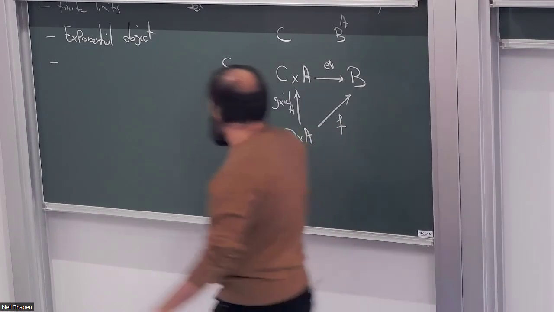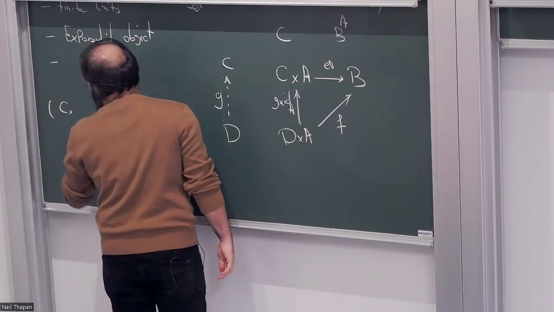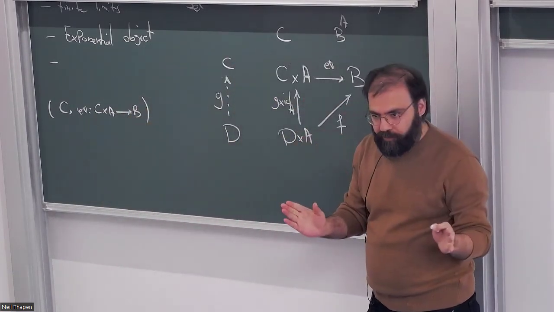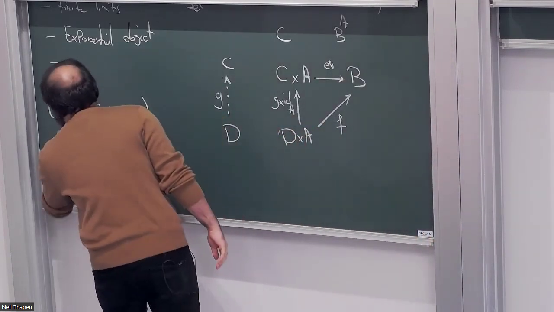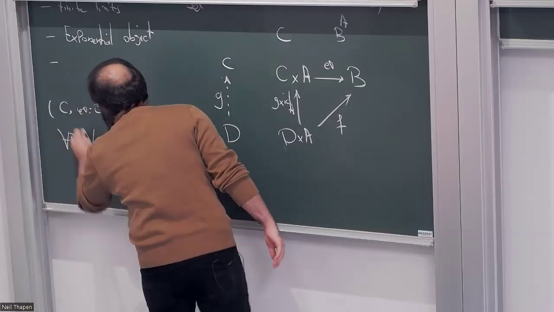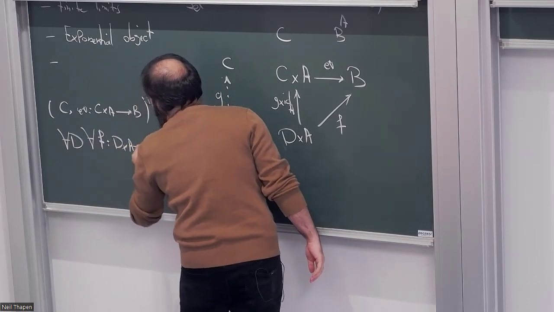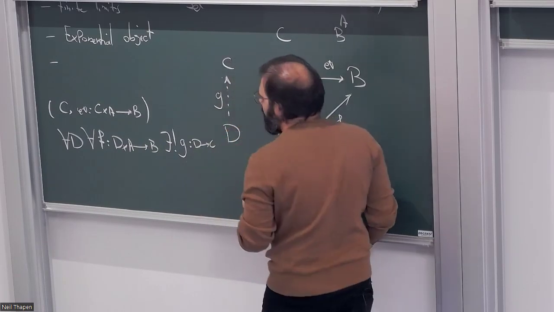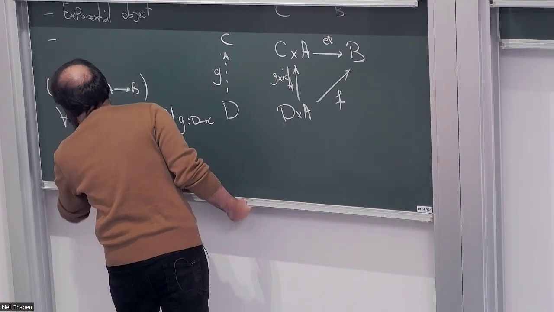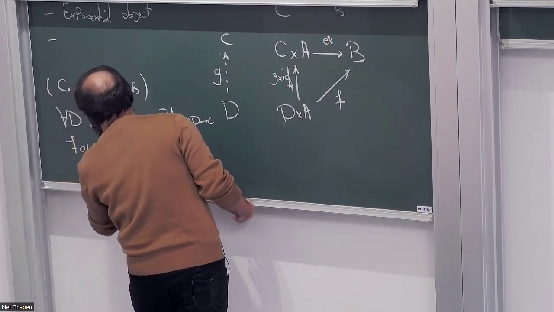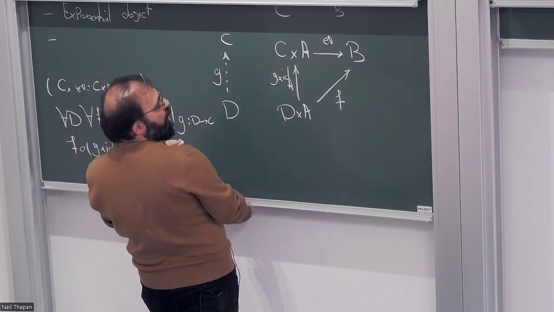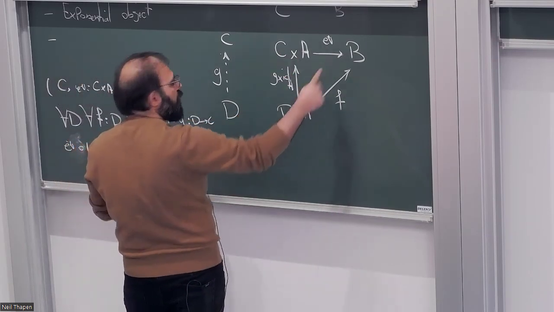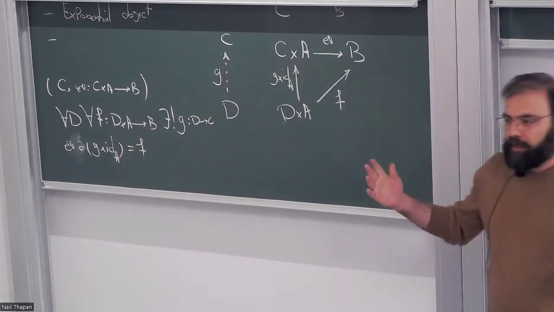Really formally, what I mean is this: C together with a map like this is called the exponentiation, the pair, the whole data, when for any object D and for any map f from D times A to B, there exists a unique map g from D to C such that you have this commutation, meaning that f equals evaluation composed with g times identity of A. So that's the real formal definition.